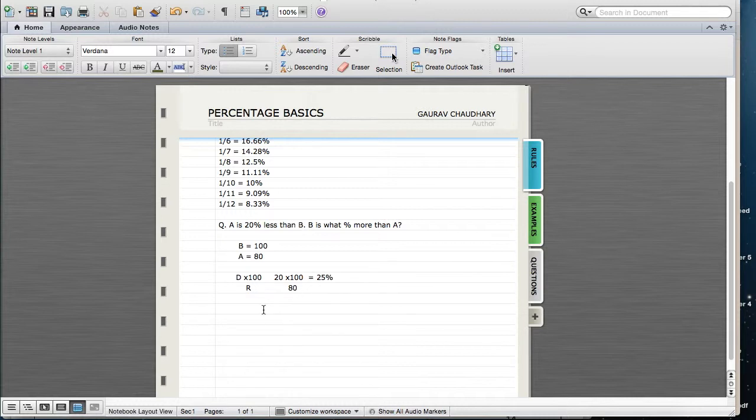If we use our alternative method, suppose the question says less is 1 by n and we have to find more. The answer will be 1 by n minus 1. 20% is equal to 1 upon 5.